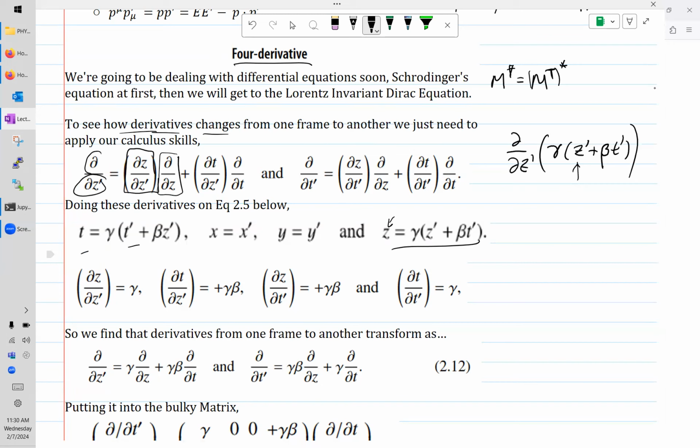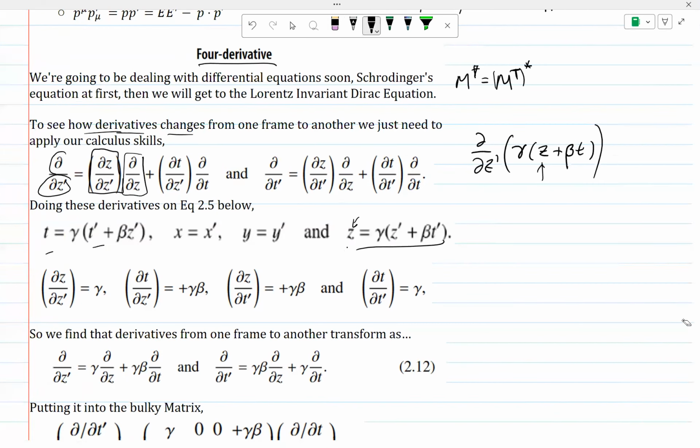I copied the wrong equations over. Sorry, I want the other one. I want the prime version of it, and that switches the sign. So sorry for that.